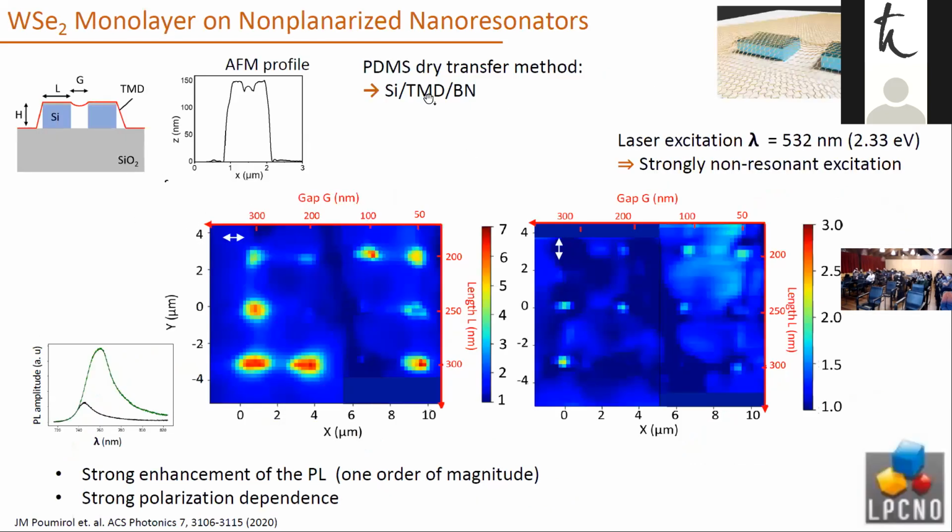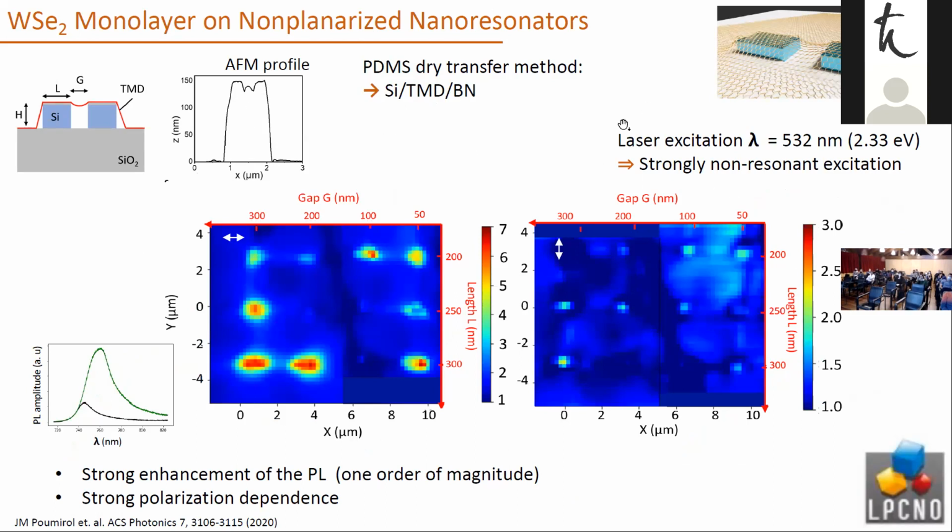Now, what we did is, through a dry transfer method, we deposit the TMD on top and cover it with boron nitride. This is the AFM image to show that the TMD layer is quite conformal to the antennas. So this is WSe2.